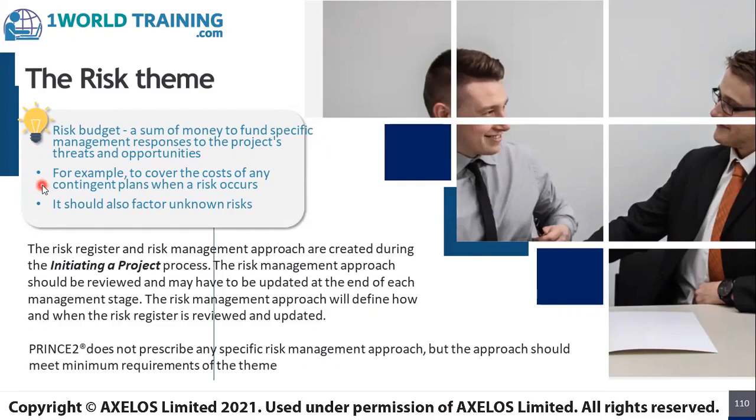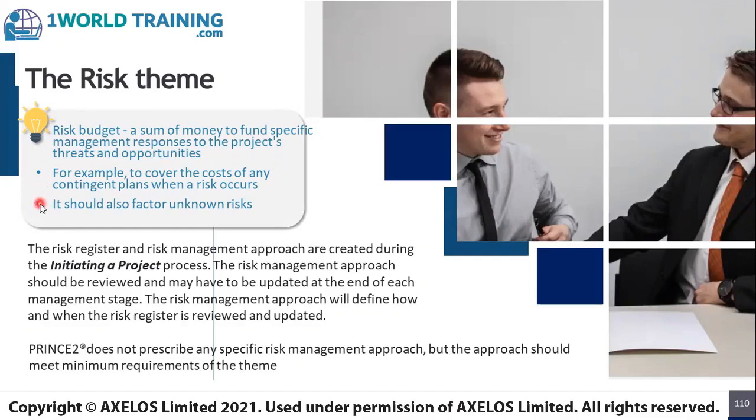Generally, most of the risks would have contingency plans when actions would be triggered in advance based on certain conditions. For example, increase of the price of raw materials in the market. No action may be taken unless the price goes beyond a certain threshold limit.